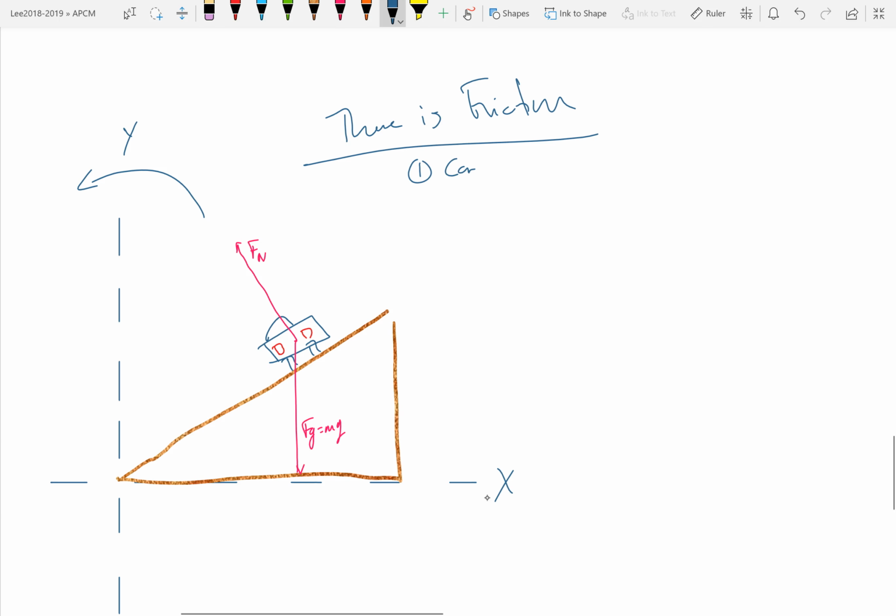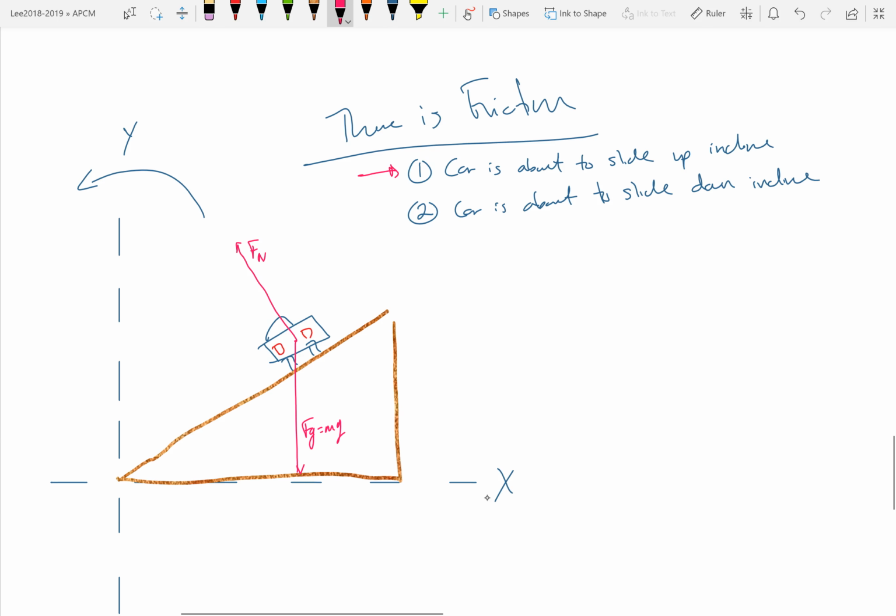One, the car is about to slide up the incline. And the second example, the car is about to slide down the incline. We're going to look at those extremes because everywhere in between, where it's not about to slide one way or the other, the static frictional force varies, and we don't know exactly what it's going to be.